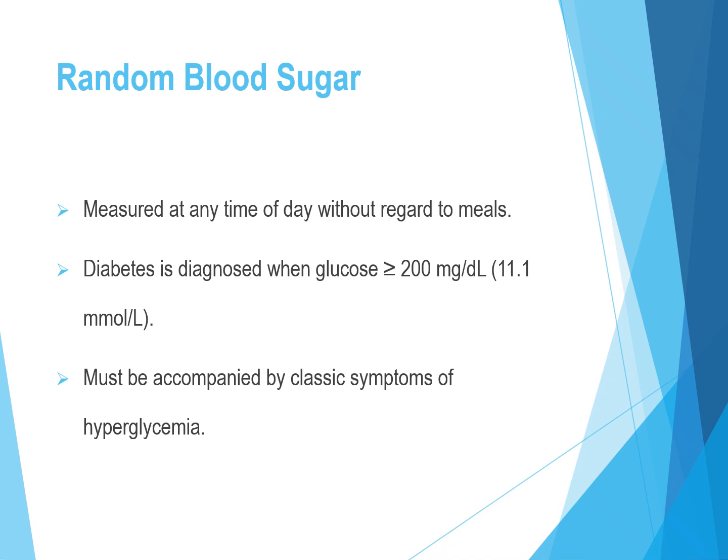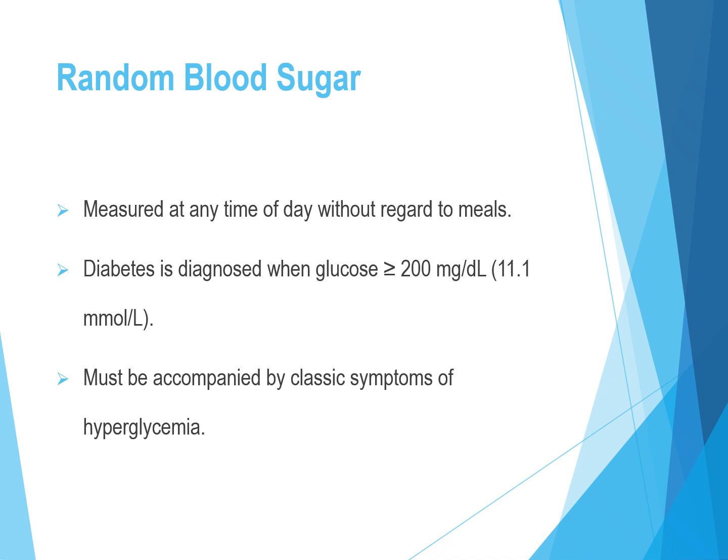As discussed in the previous slide, HbA1c provides a long-term view of glycemia. Now, let's consider situations where a patient presents with classic symptoms of diabetes and cannot undergo fasting or an OGTT. This is where random blood sugar measurement is particularly useful.